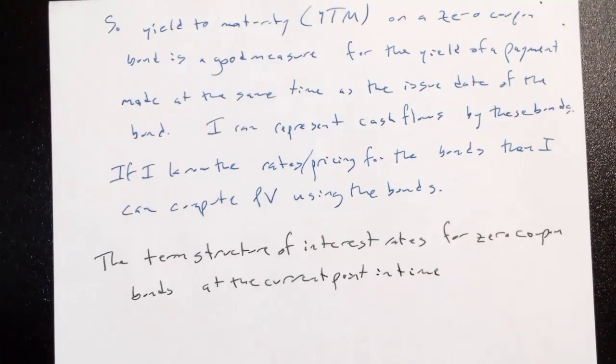Today, at the current point in time, it is the set of yield numbers for zero coupon bonds of all maturity dates going forward.